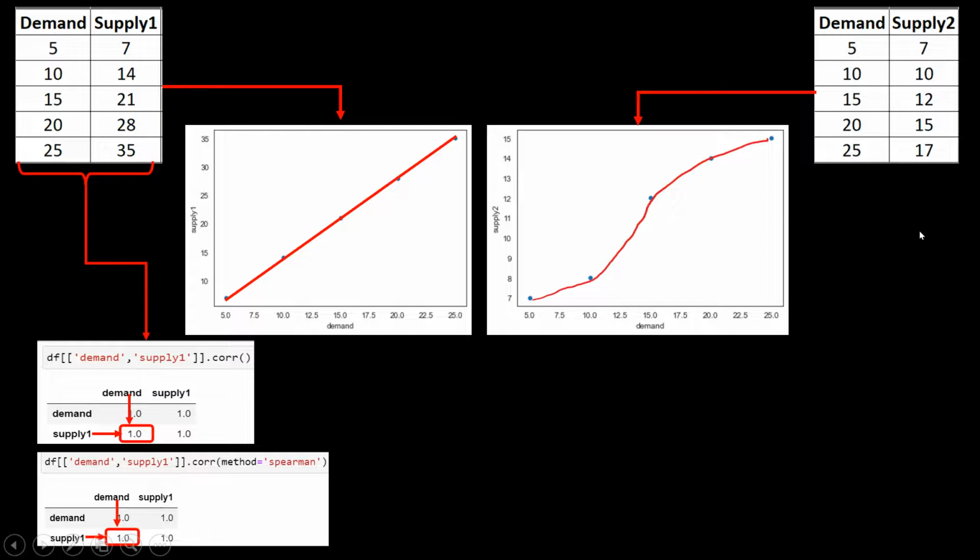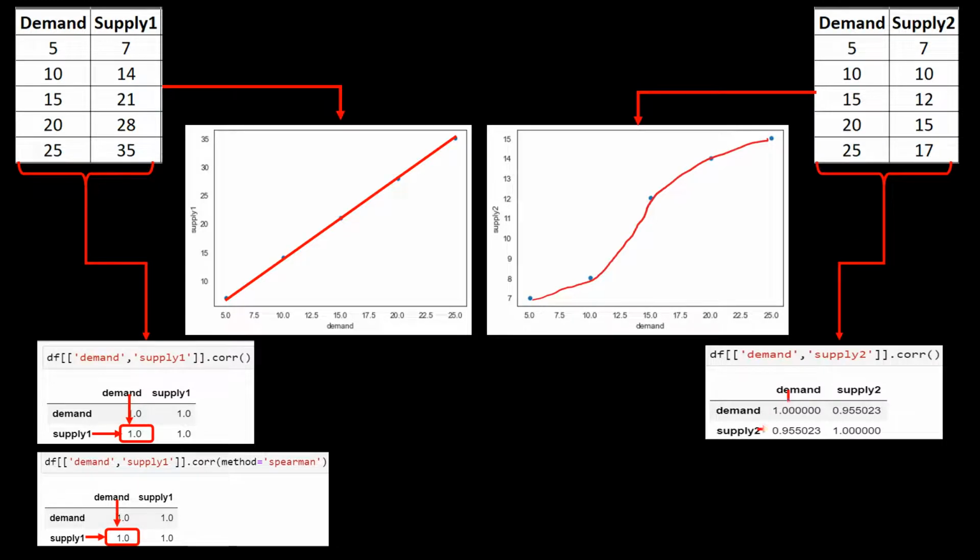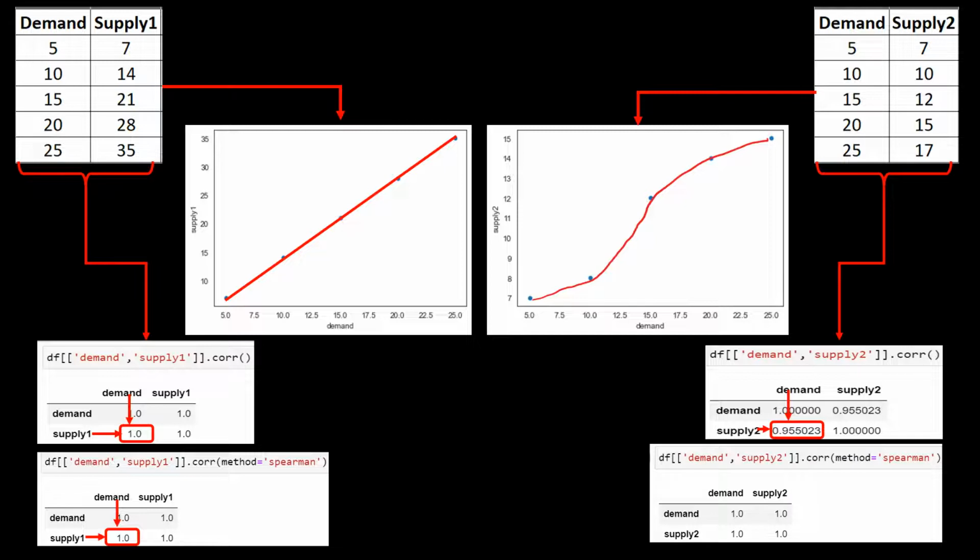Let's come to the second example where both of these two variables have a monotonic relation. When you calculate the Pearson correlation, the degree which you get is 0.95, but when you calculate the Spearman correlation, the degree which you get is 1. Apparently we can see that the Spearman correlation in case of a monotonic relation gives the better result.